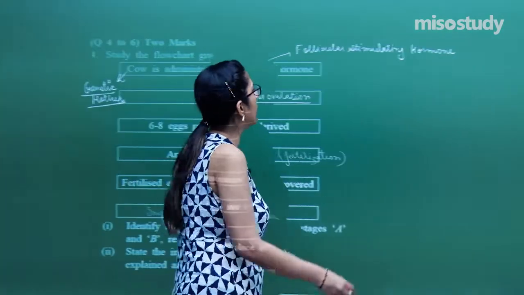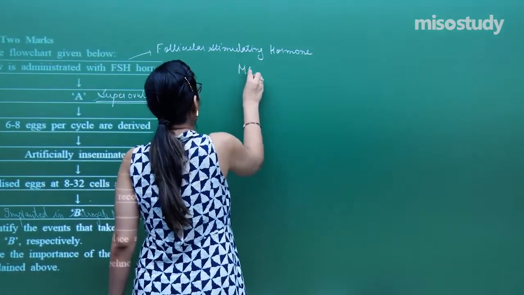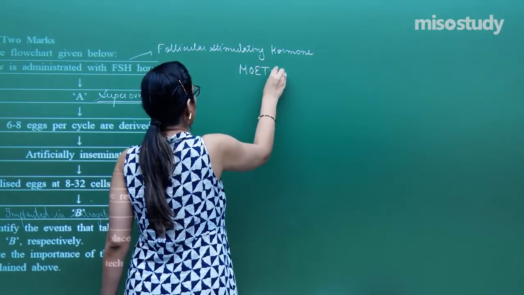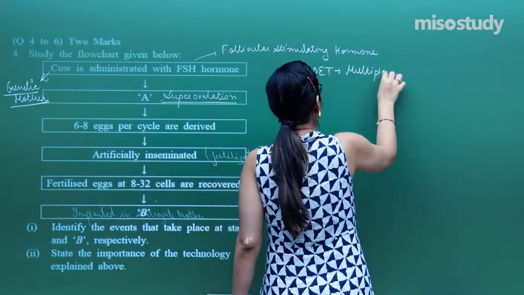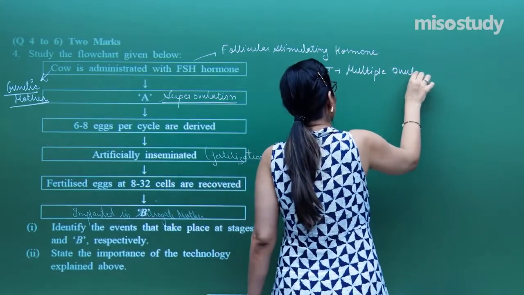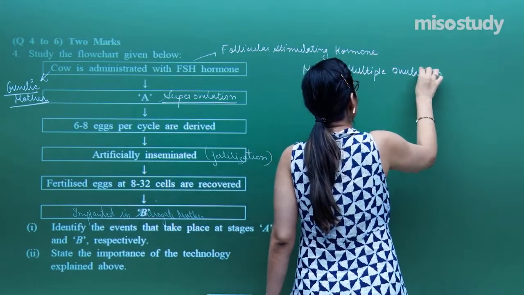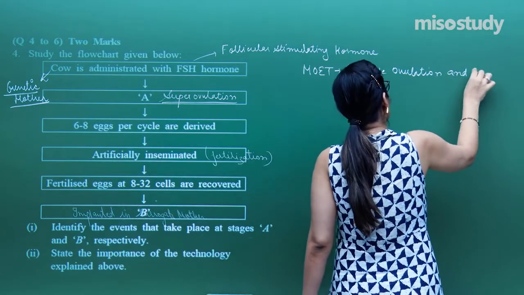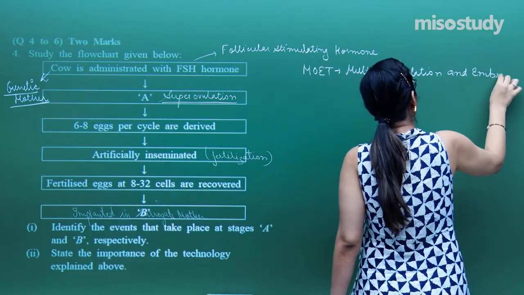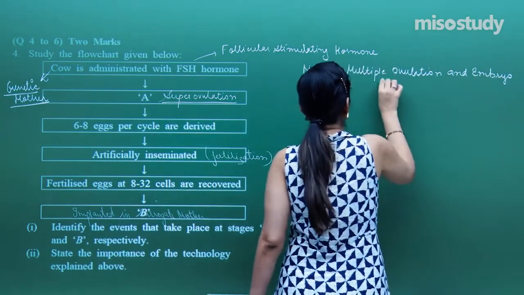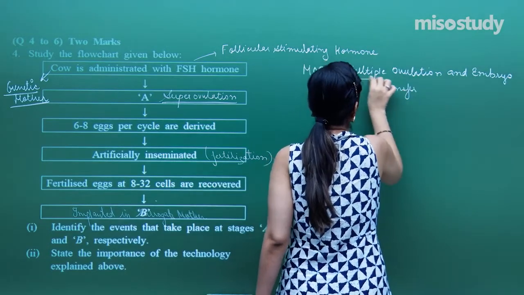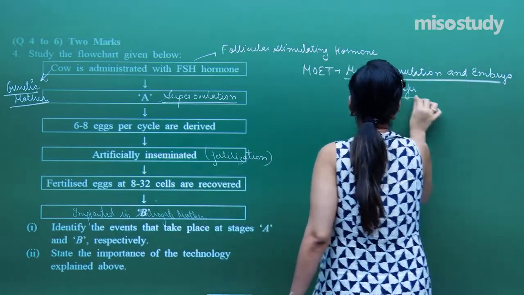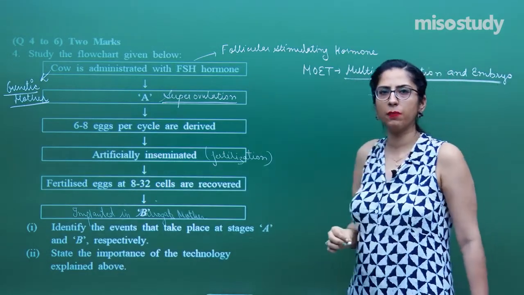The above technology is called MOET. Like I have discussed also, that is multiple ovulation and embryo transfer.